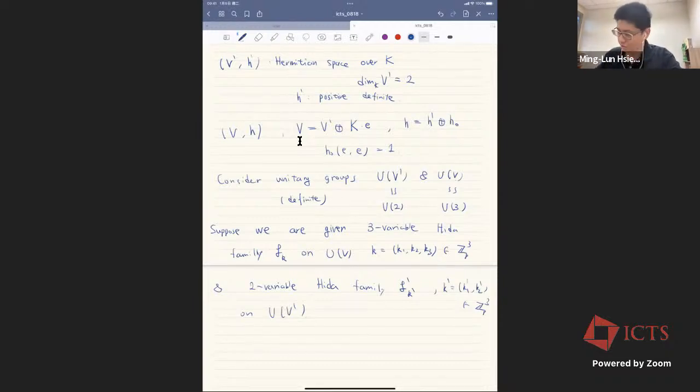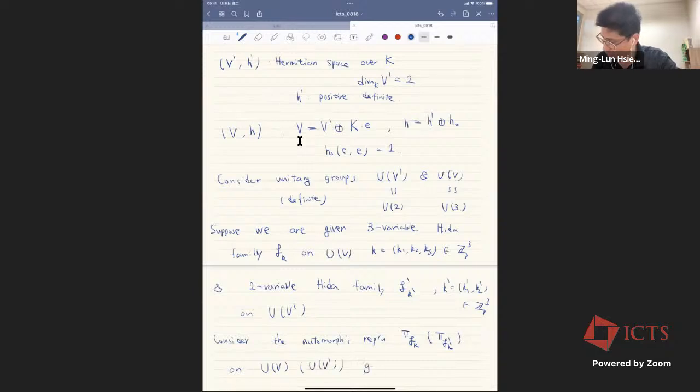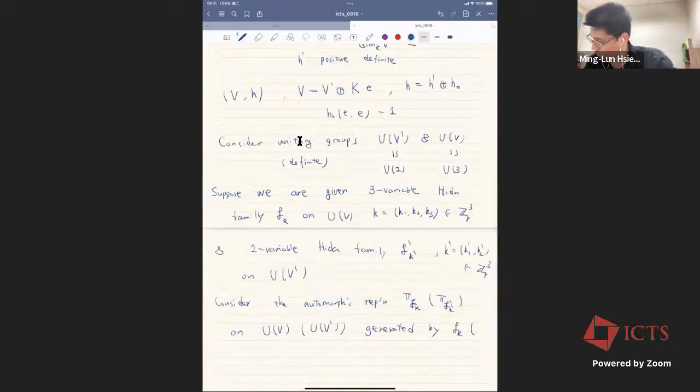We can consider the automorphic representation pi_{F_k} or pi_{F'_{k'}} on U_V and U_{V'} generated by F_k or F'_{k'}.